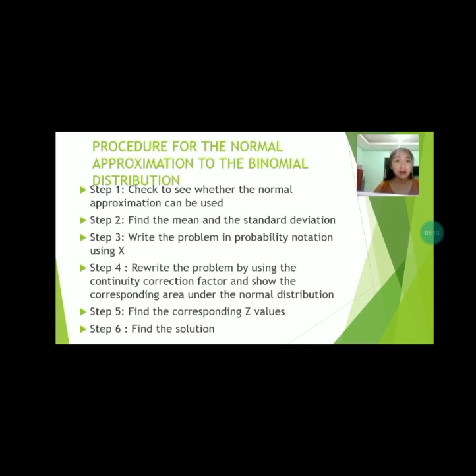After that, write the problem in probability notation using X. Then rewrite the problem using the continuity correction factor and show the corresponding area under the normal distribution. In step 5, find the corresponding z values, and lastly find the solution.